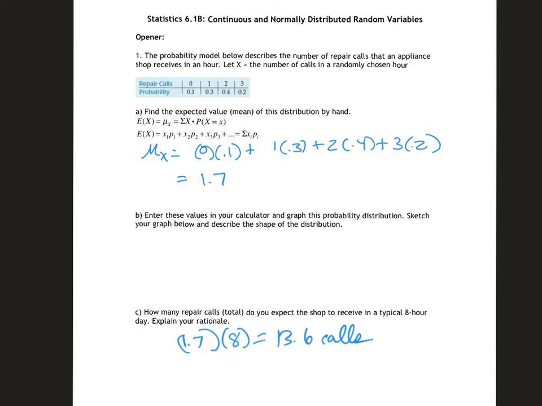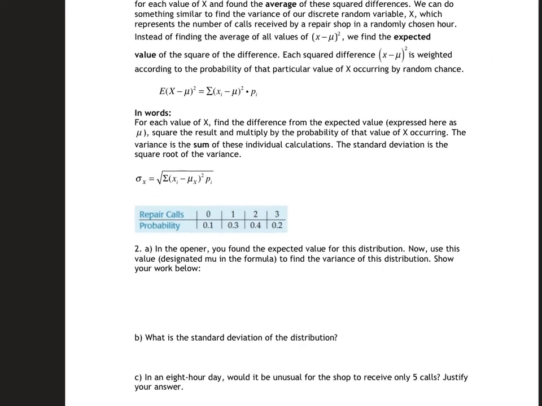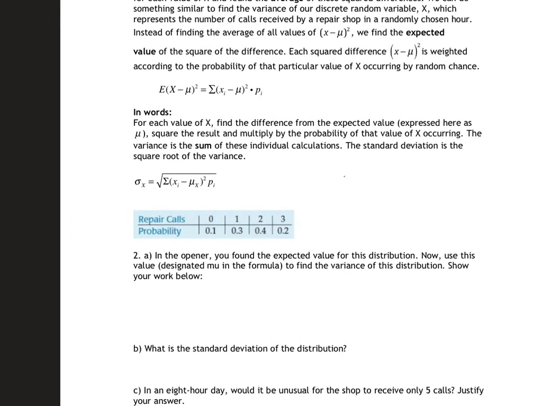Now, as you know, when we're talking about a variable and its distribution, the measure of center, which we just found, that mean, is important, but the measure of variability is also important. In this case, we're going to use standard deviation, and we're going to use that expected value we just found to help us find it.